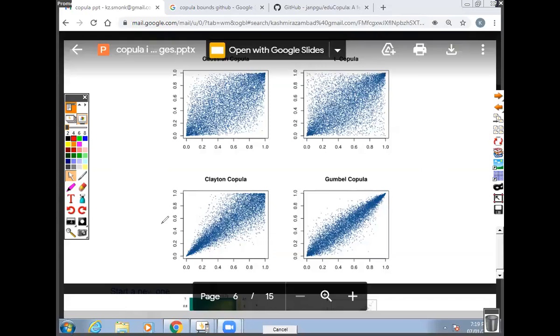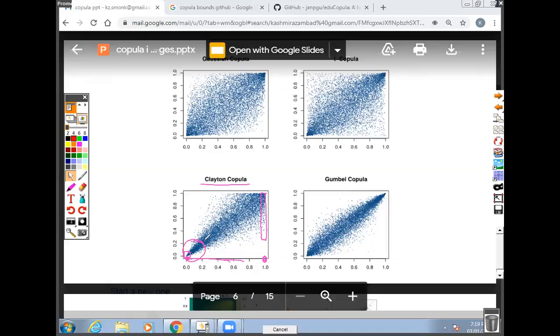If I tell you that my x takes a value this big, you can't say for sure what value y will take. But if x takes a value here, you only have to look at this box. So you can say that if your x is lower, then your y will also be lower. So Clayton copula captures the lower tail dependency much better than any other kind of dependency.